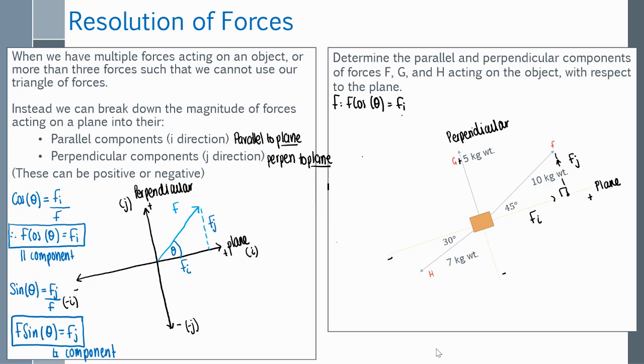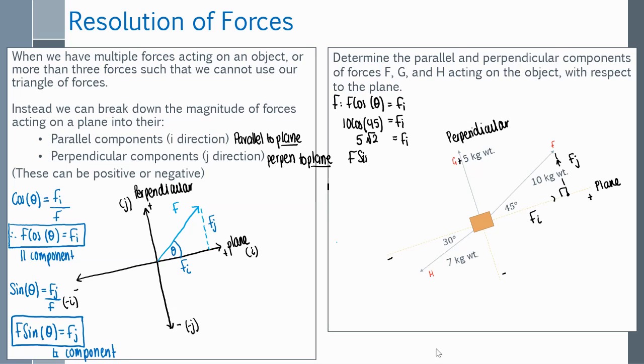To find the Fi component, we use our formula: Fi equals F cos theta. F we know was 10 kgWt, and theta is 45 degrees, the angle between F and the plane. Cos theta is root 2 over 2, so Fi is 10 root 2 over 2, or simplified, 5 root 2 kgWt.